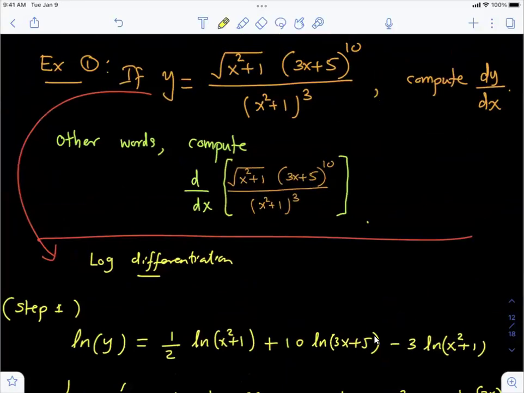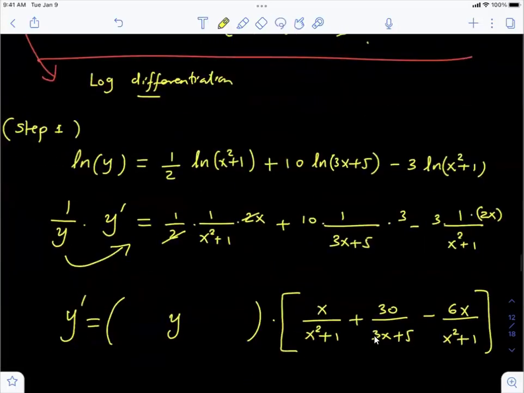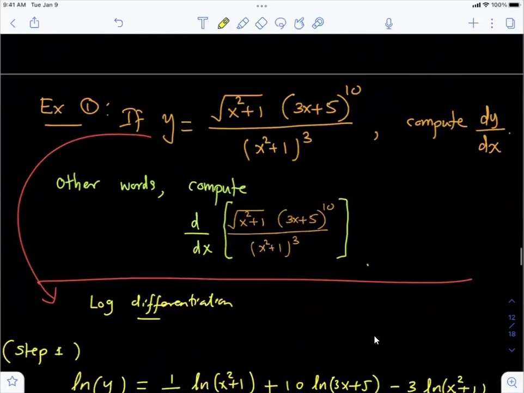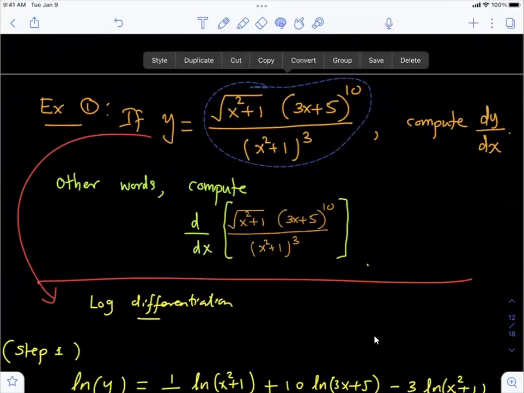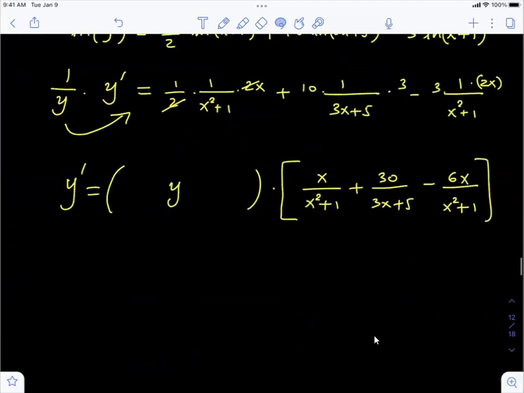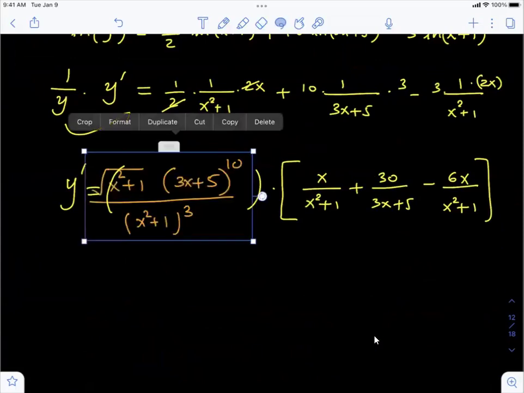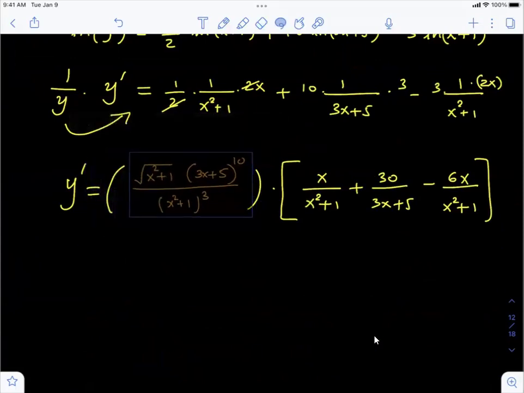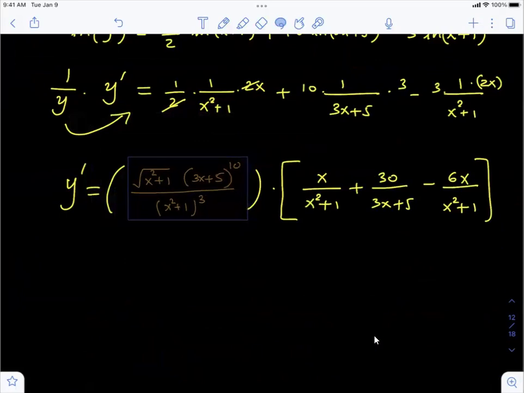Therefore, just copy this right hand side and paste it in the position of y. So I will literally do that here. I will just copy and I will just get rid of this and I will just paste it right there. That is our final answer.